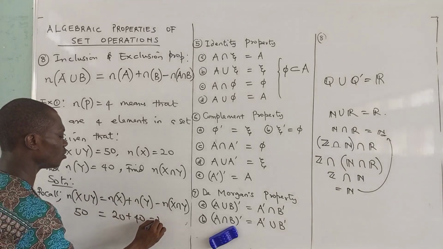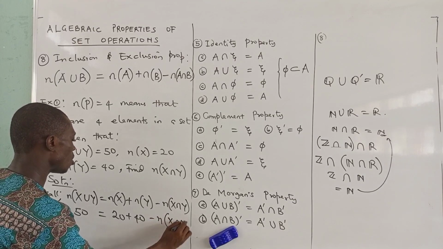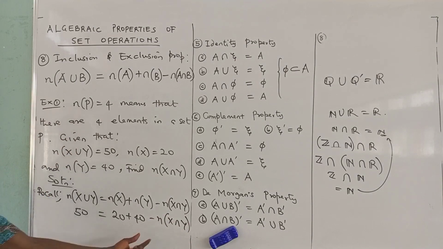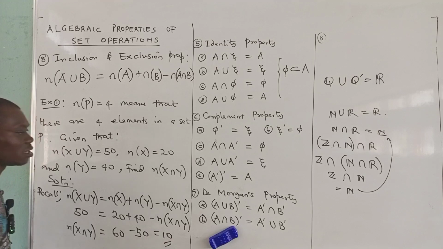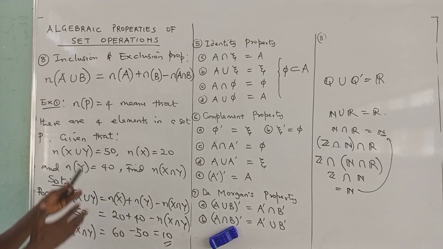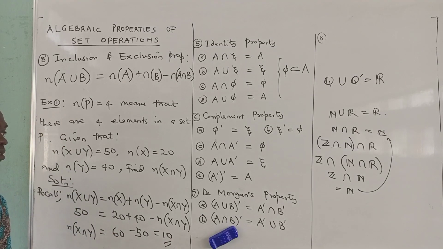And so we are now looking for this cardinality of X intersection Y. So quickly make this the subject by bringing it here. So you are going to have that the cardinality of X intersection Y is simply going to be the sum of this, which is 60 minus 50. And that is equal to what? 10. So that particular property makes the solution of this very simple.